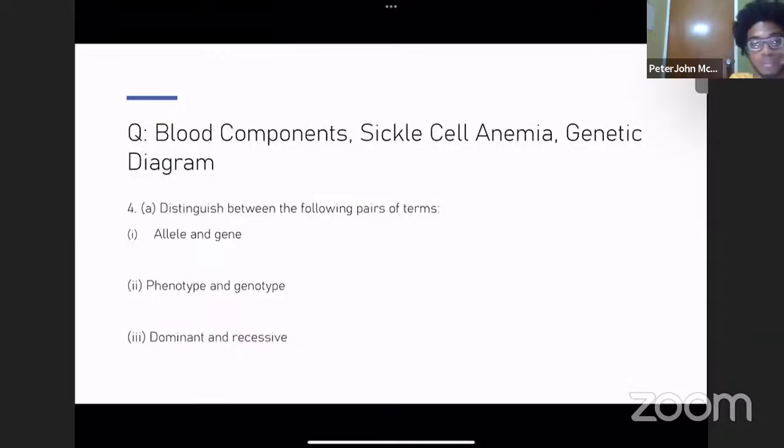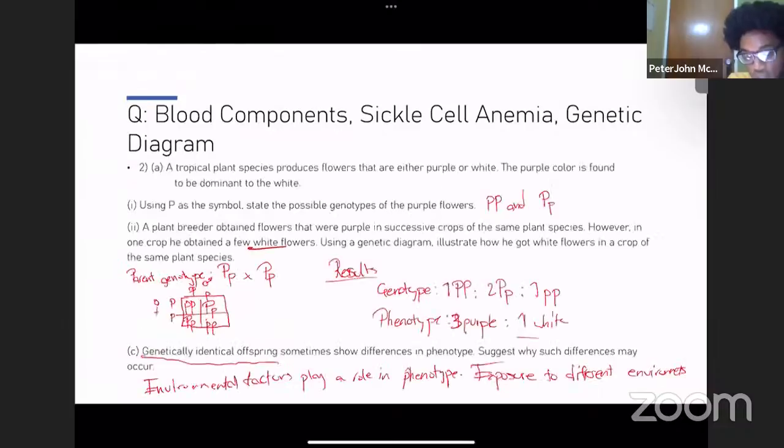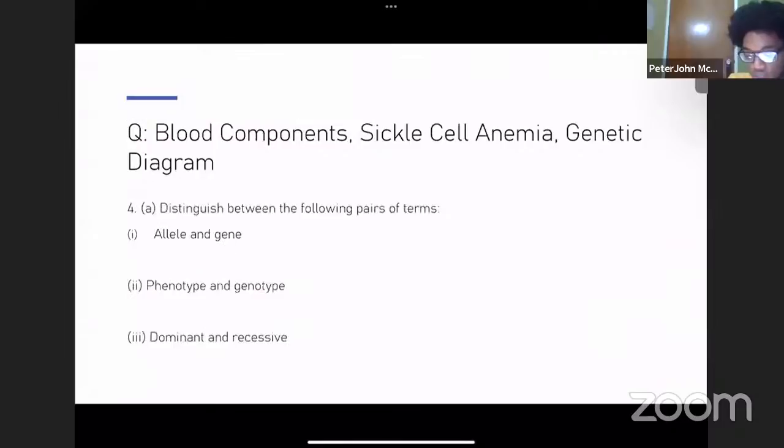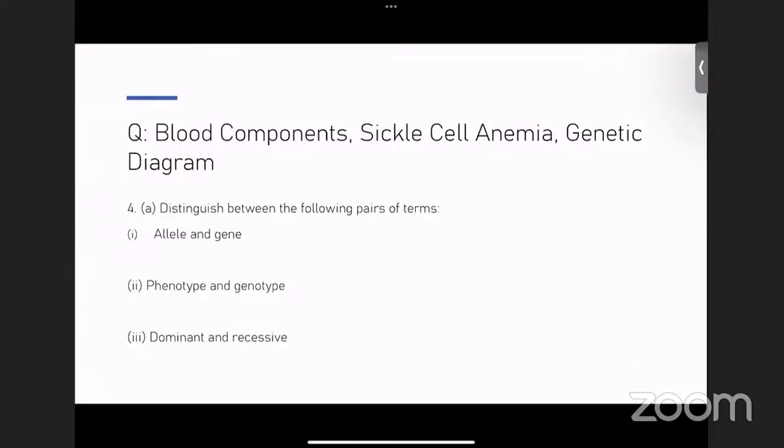All right. Next. Allele versus gene. So what's an allele versus a gene? Define gene first. A gene is the basic unit of heredity that codes for a specific characteristic.